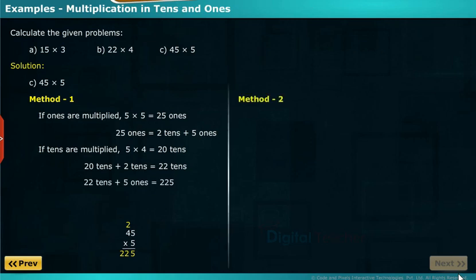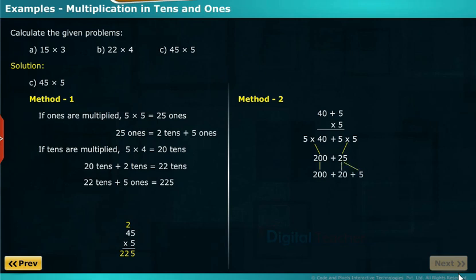Method 2. In method 2, 45 is split into 40 plus 5. Now, multiplying 40 plus 5 with 5, we get 5 into 40 plus 5 into 5, which gives 200 plus 25. Again, now 25 is split into 20 plus 5.